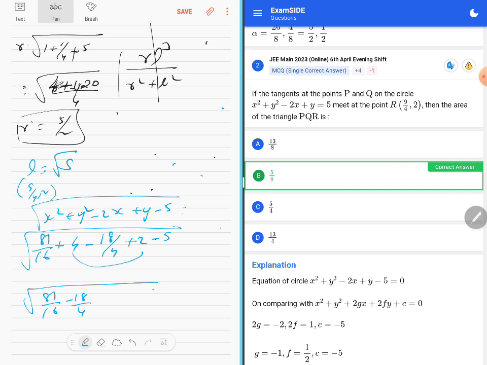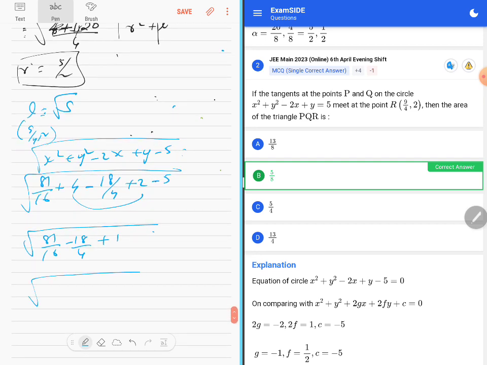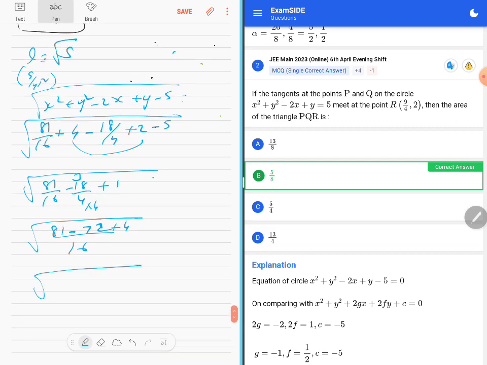This is 6. 6 minus 5 is 1. Let's have LCM as 16 into 4. So 81 minus 8 4s are 32. 4 1s are 72 plus 4. And so this itself is 9 plus 4 is 13 by 16.